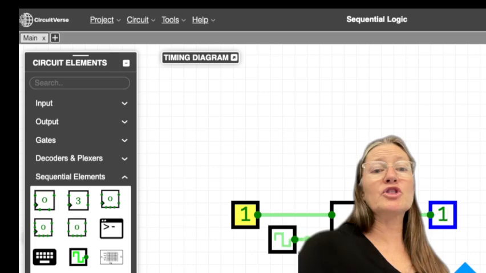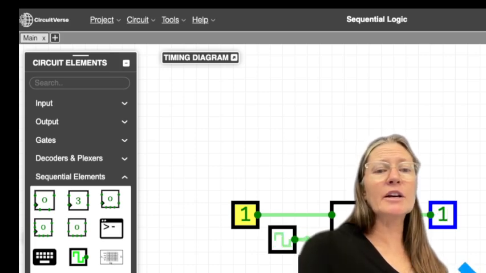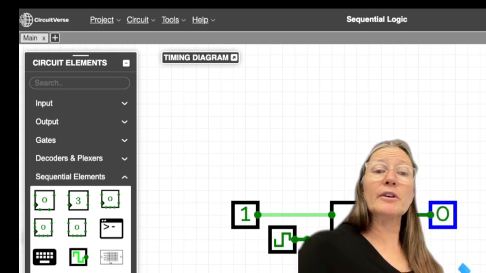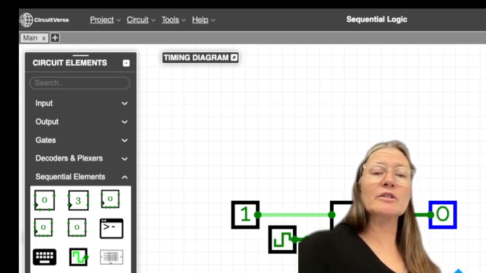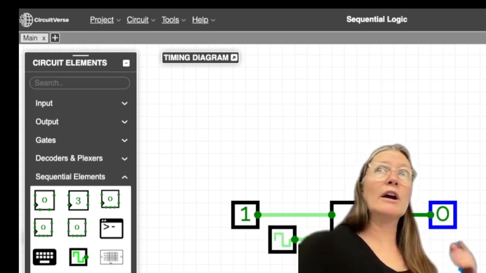Okay, so for the JK, I've tied both of the, okay, this is the clear one, not the set. So when I put high, it will clear it, and then once I go to 0, it will run.